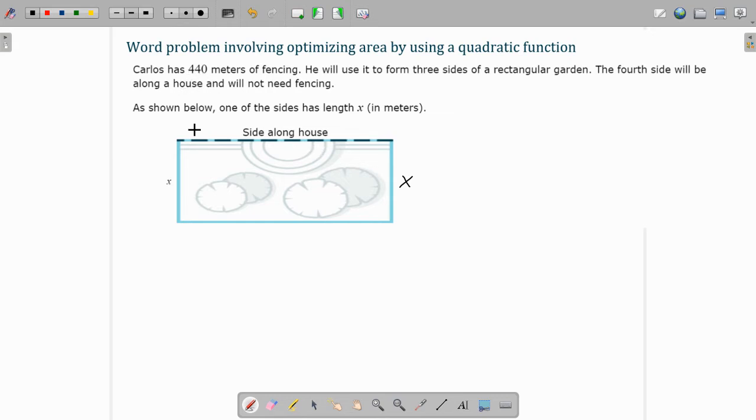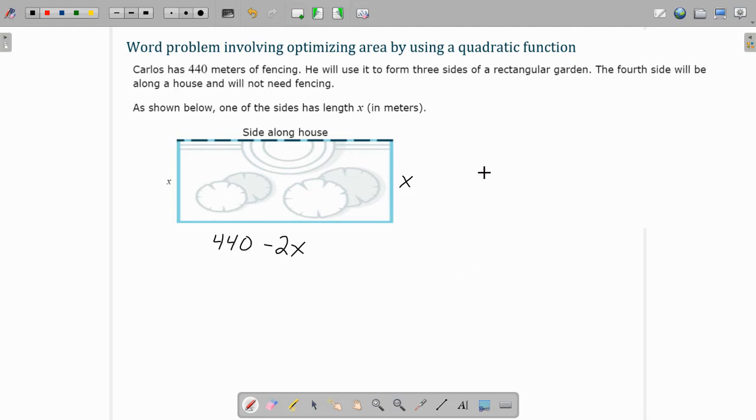So, because I use x here and x here, I have 440 meters to do all 3 sides. So this one will be our total minus x and x, so minus 2x. I think when you see other problems, all you'll see is that this number changes.